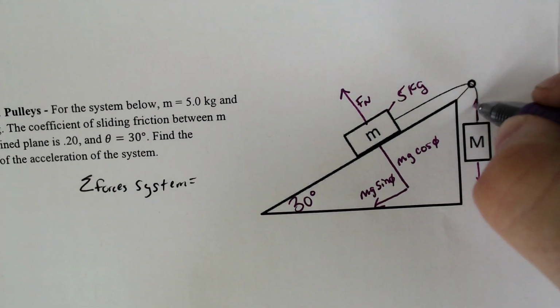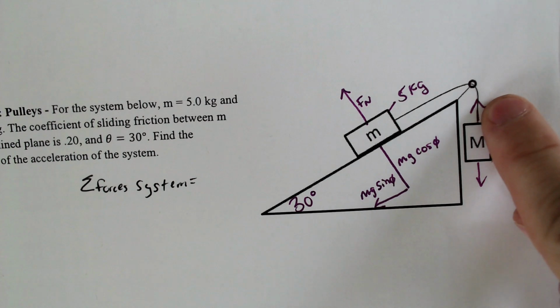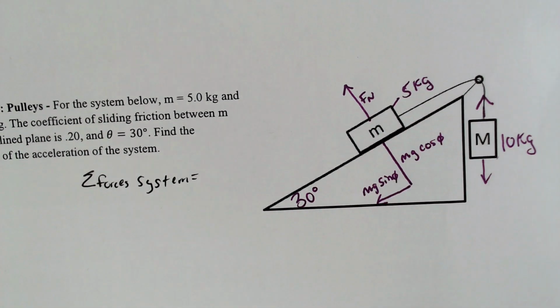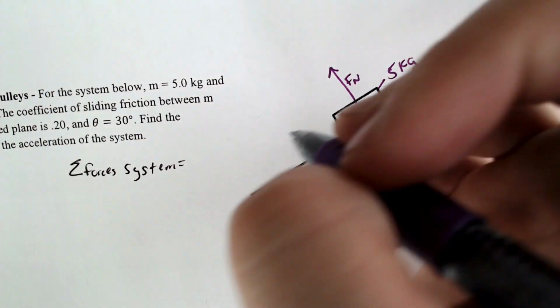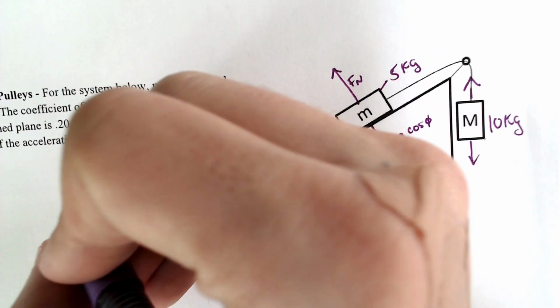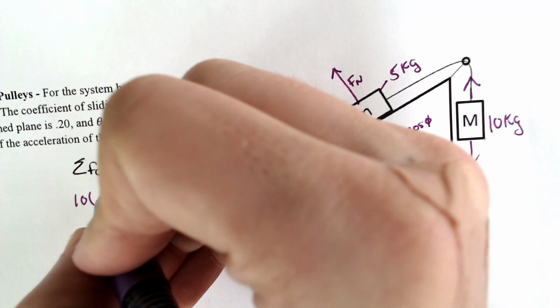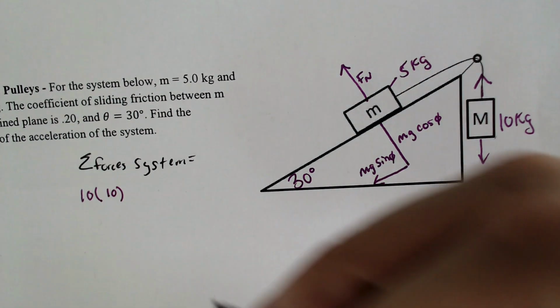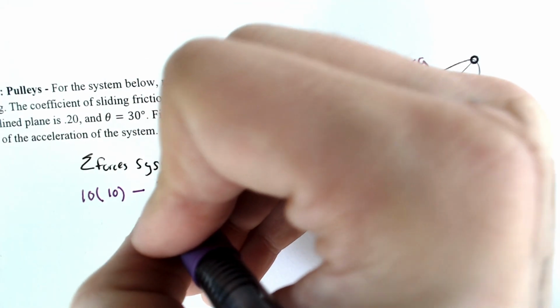It is being stopped by the force of tension, and that force of tension has a lot involved with it. So let's start with the 10 kilogram times gravity. That's what it wants to do, but we have to take away the force of tension.